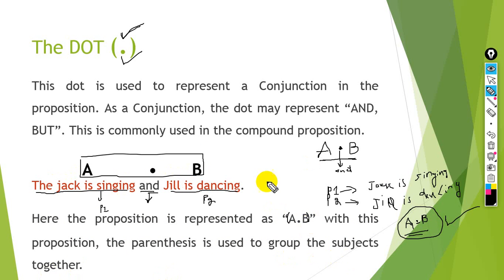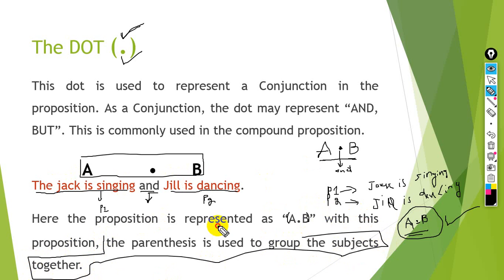If you remove it, there is no problem. So let me remove this statement. Now this proposition that we have, we can represent symbolically like a dot b. Do you have any question?